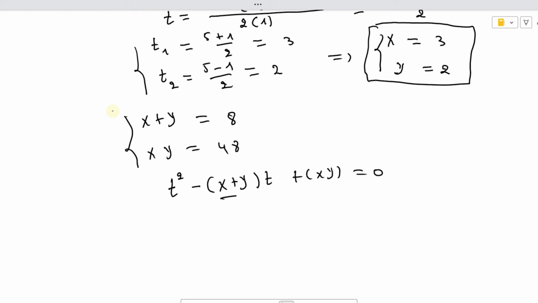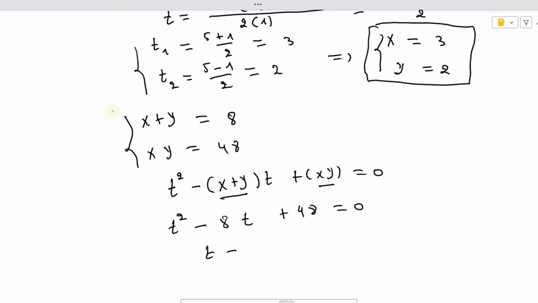And then replace x plus y by its value, and x times y by its value, and then you will get t squared minus 8 times t plus 48 equals 0. And then find the roots.